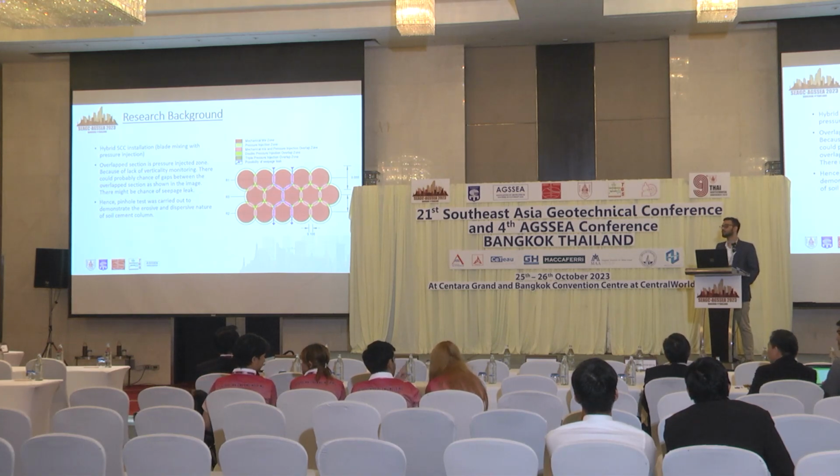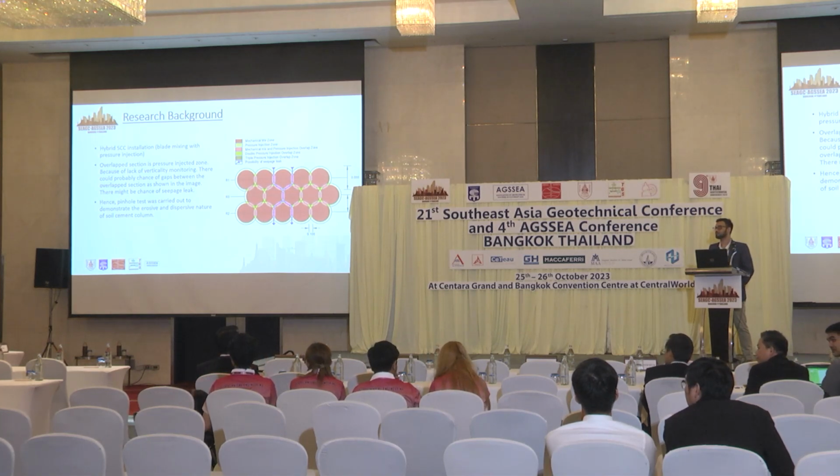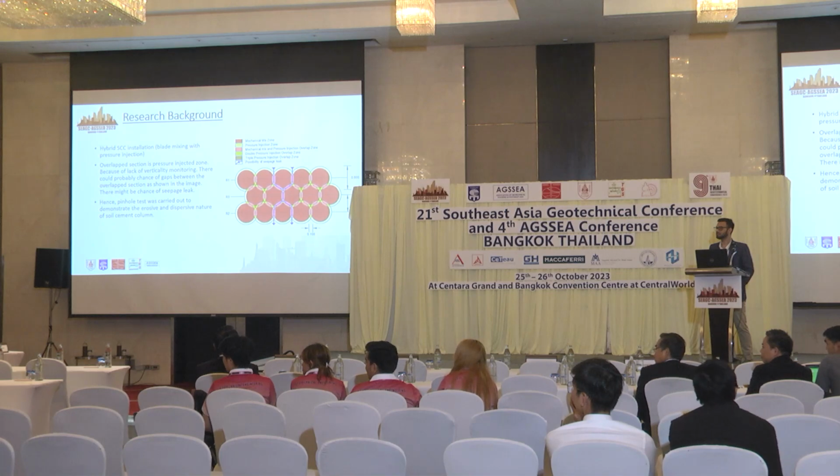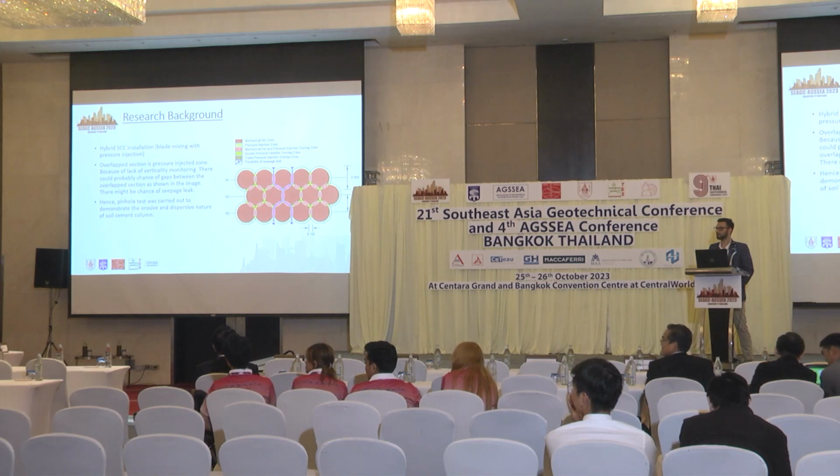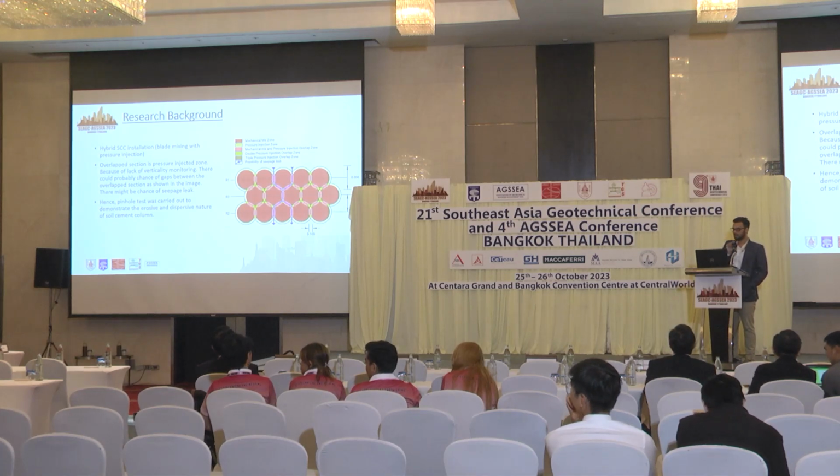Actually, we have the same method in Saga, and our improvement ratio is based on the Ariake clay, which is very soft with high compressibility and low permeability. So we divide the surface of each column by the whole surface, and based on that we have the improvement ratio. I don't know which method you have.